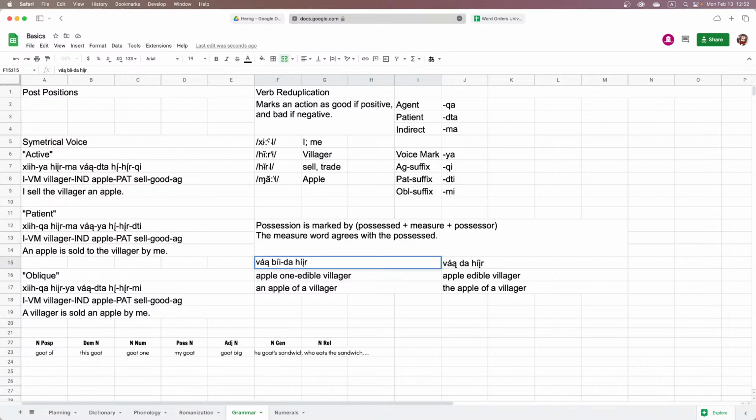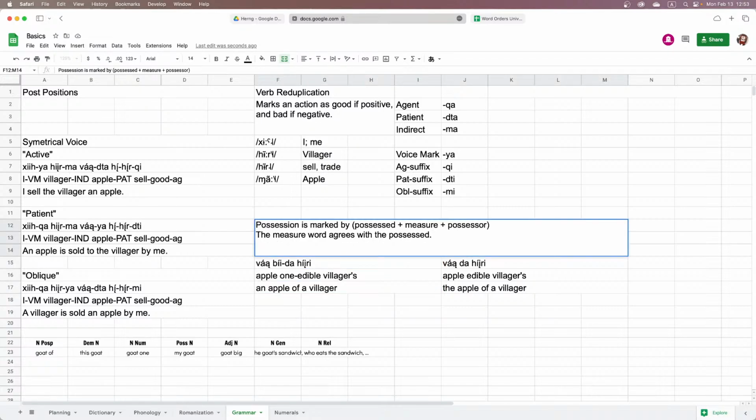We can't start words with a vowel, but we could probably start suffixes with a vowel. But then that would mark the possessor, and we'd have double marking, which is a feature I haven't actually really played with. So I think I might take that.